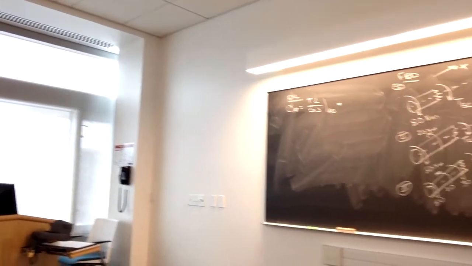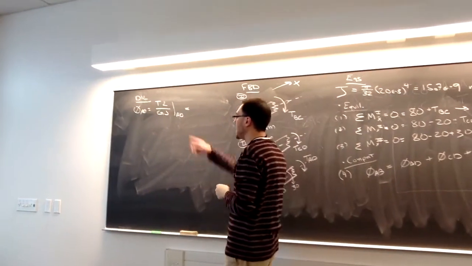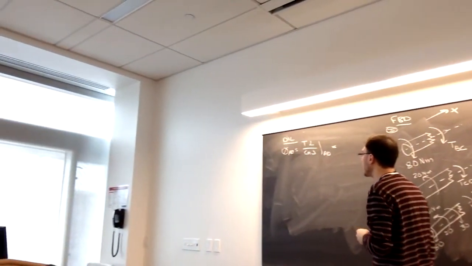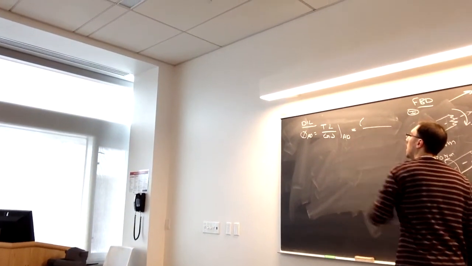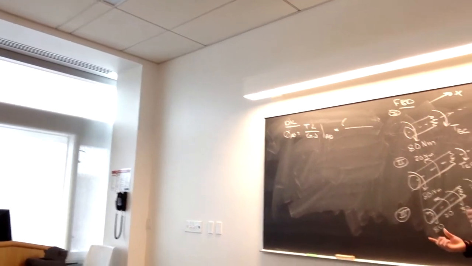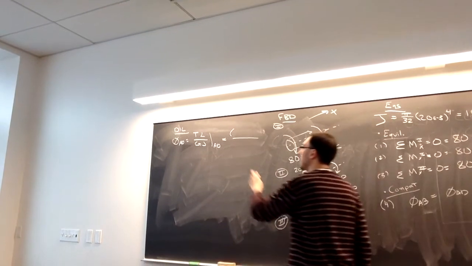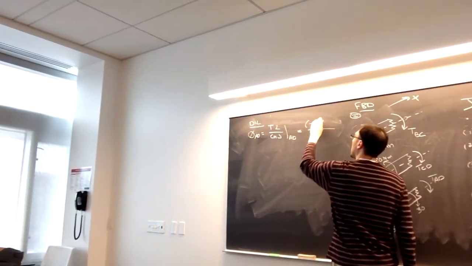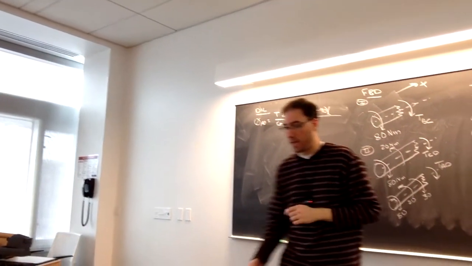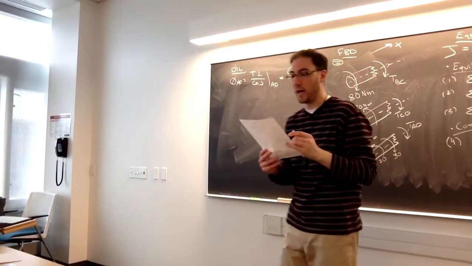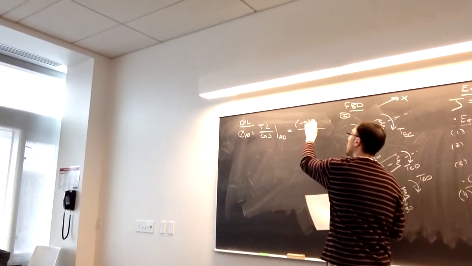For each one, I use TL over GJ for that section. In this one, section AD, I already know the value of TAD. I was able to find it as a number, negative 90. I erased it, but I had up there that the length of section AD was 0.2.